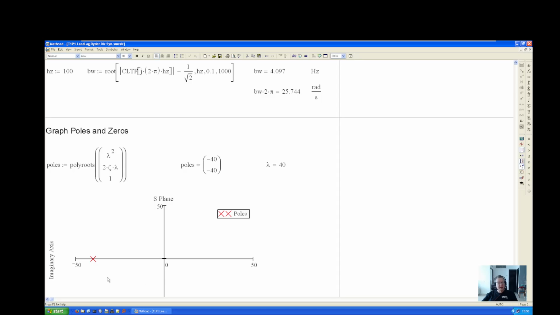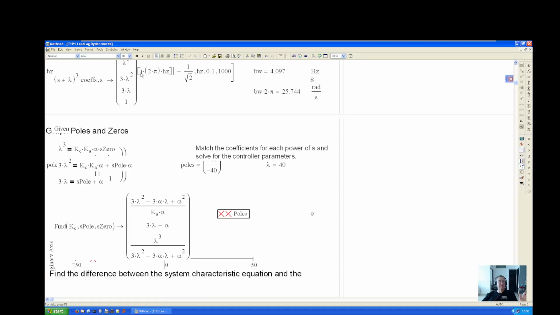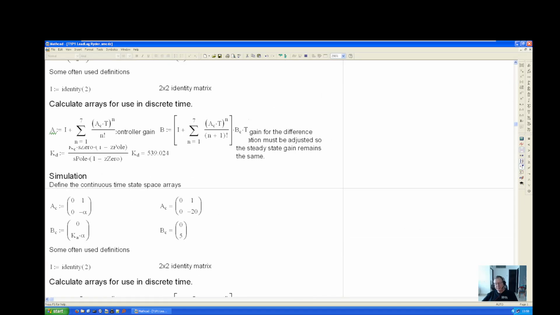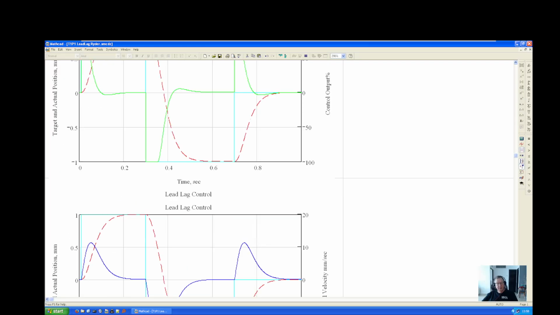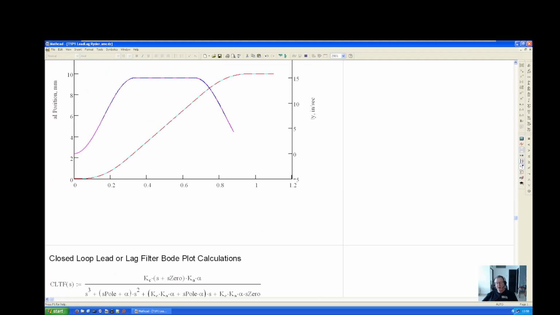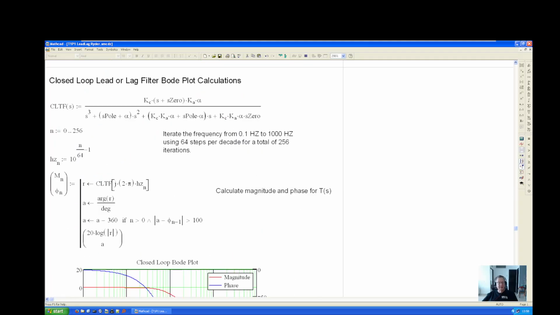And then here are the two closed loop poles, and we have to remember that in reality there's actually a third pole, but it's canceled out by the zero, so it's not showing up. So if I go back to the other MathCAD file, and I go back down here, a lot of this is identical, so I'm not going to repeat everything.